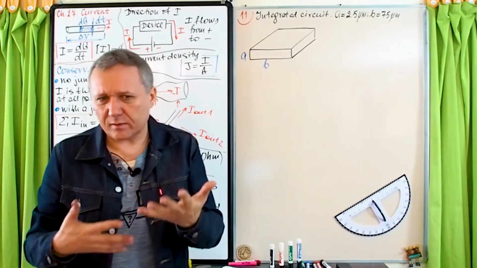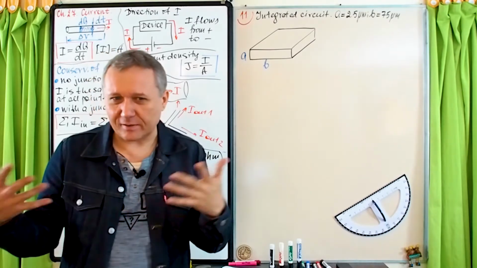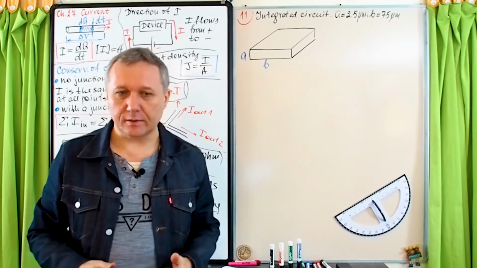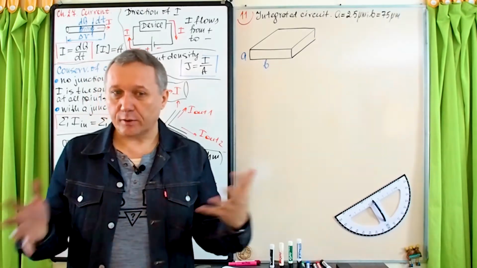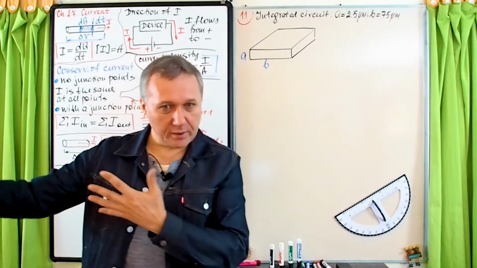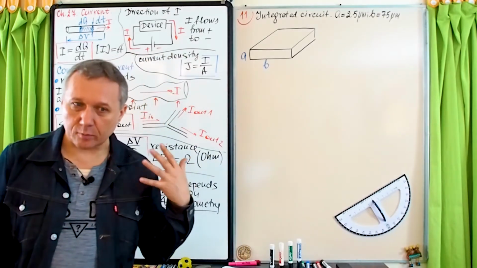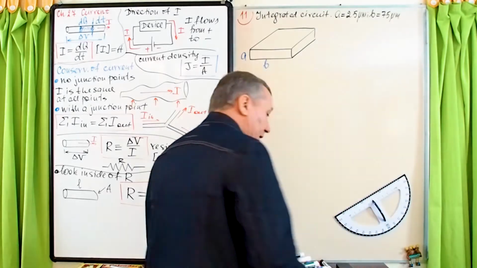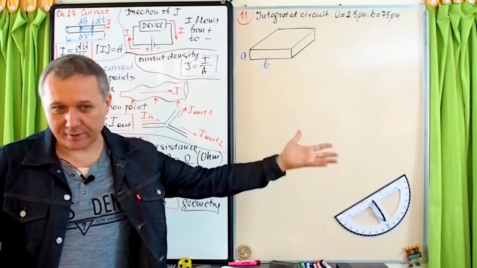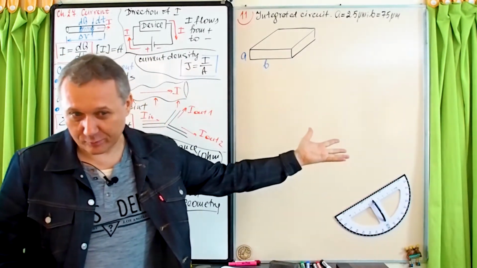So giving current is not very convenient. Everyone just gives current density, and then it's easier to compare your results with results obtained by a different group. And if you want to know current, take current density, multiply by the cross-sectional area, and it will be your current.